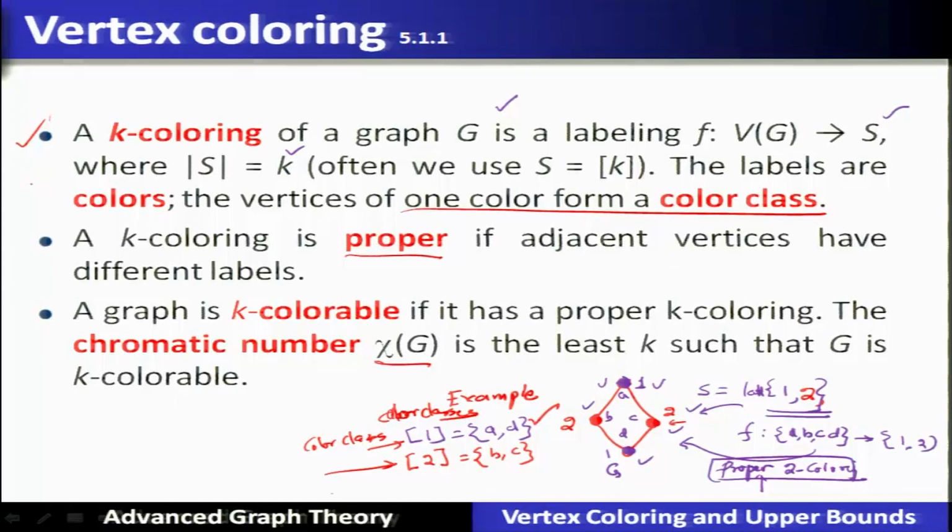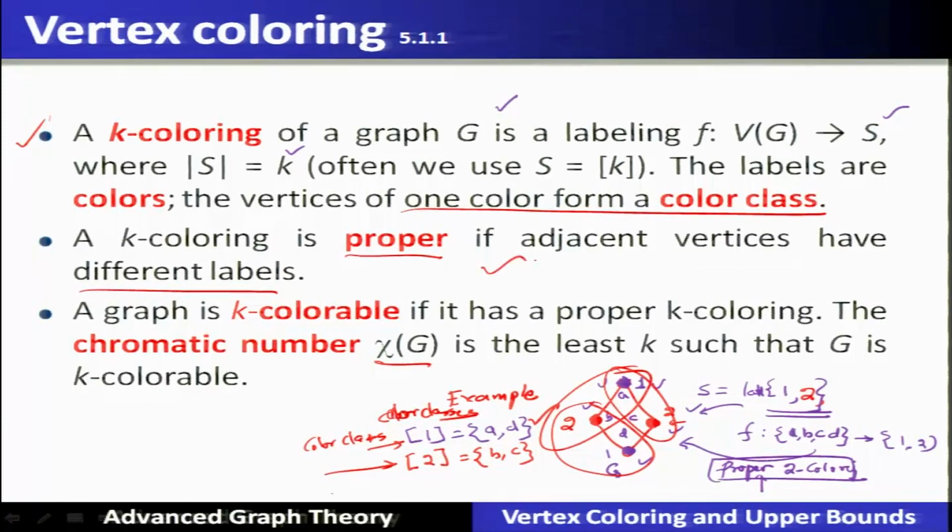Now, a k coloring is proper if adjacent vertices have different labels. Here you can see vertices A and B are adjacent, but they have colors or labels 1 and 2, so they do not have the same one. Hence, for any pair of adjacent vertices you pick, they receive different colors or different labels.